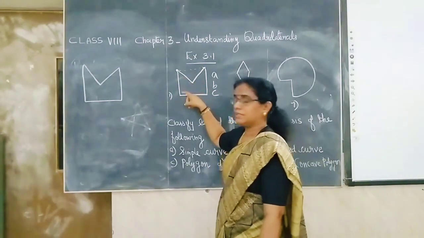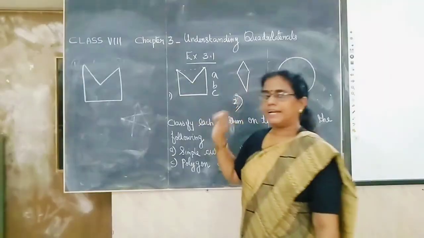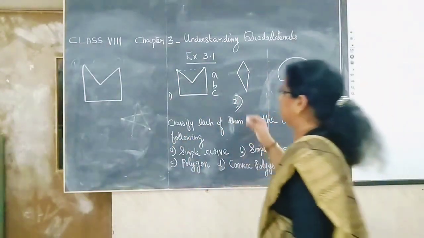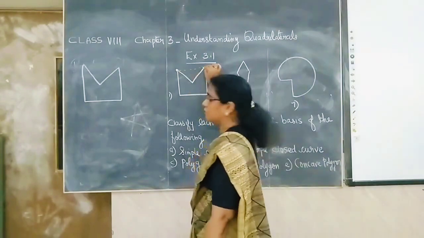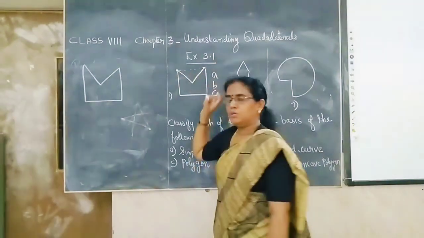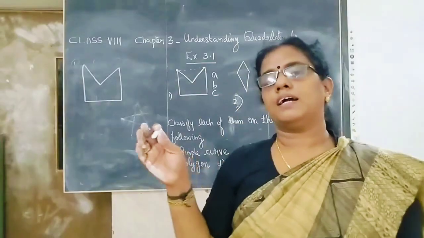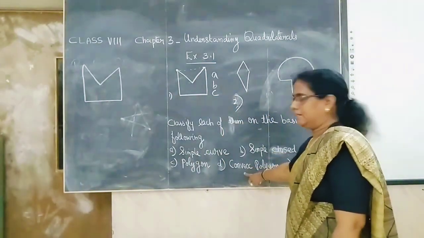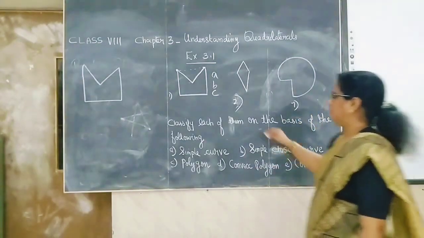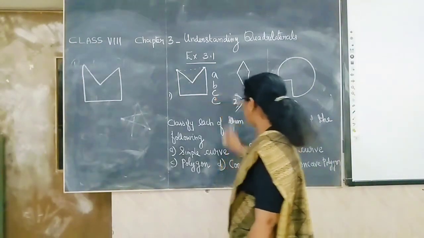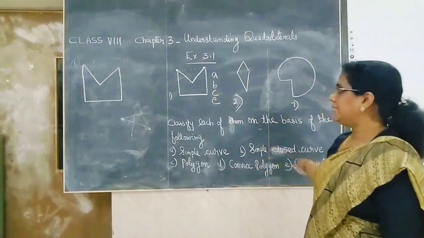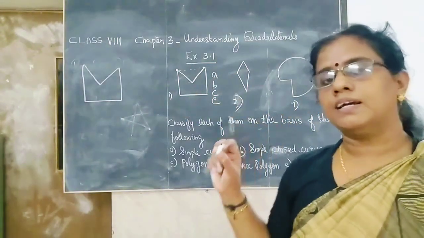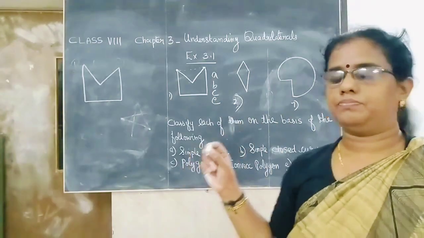Here you cannot draw the diagonal, but you can draw a diagonal by taking two non-consecutive vertices. So these two are non-consecutive vertices, so you can draw the diagonal, but that diagonal is coming outside the figure. Therefore it is not a convex polygon, it is a concave polygon. So D is not satisfied, E is satisfied.